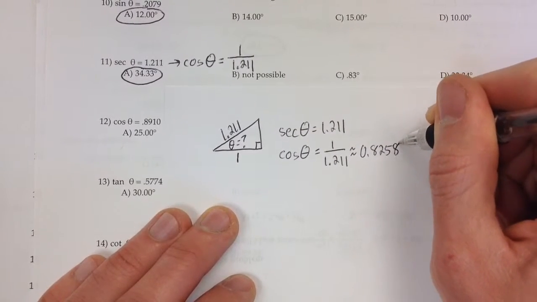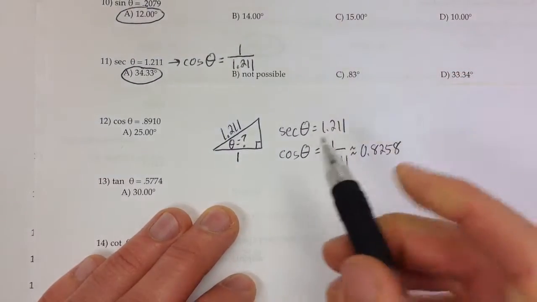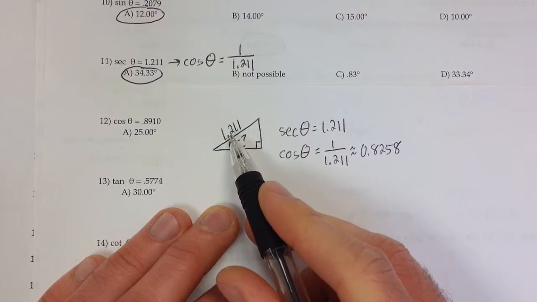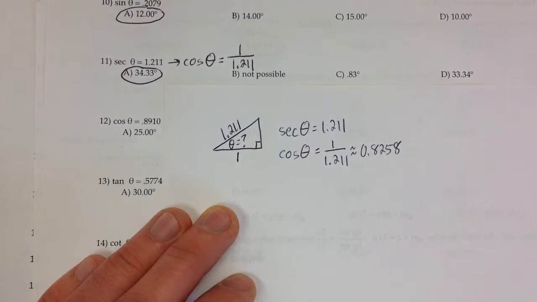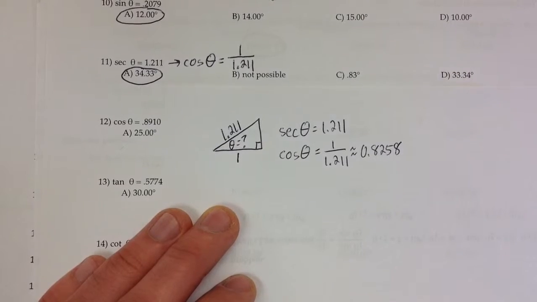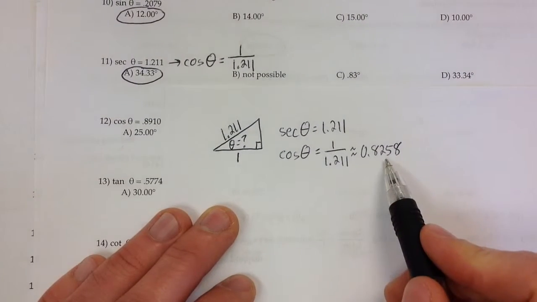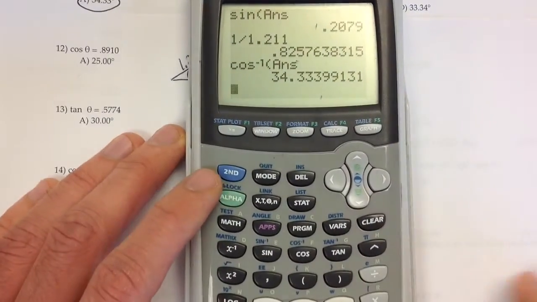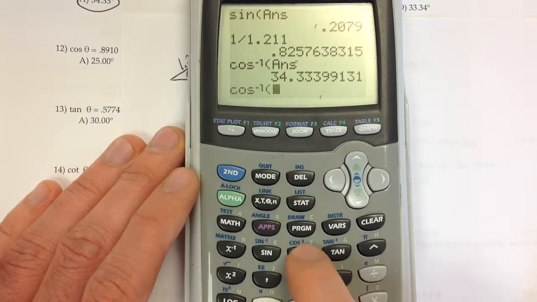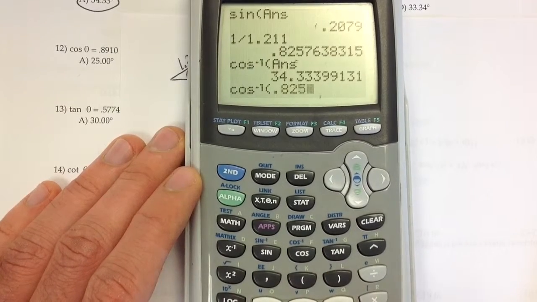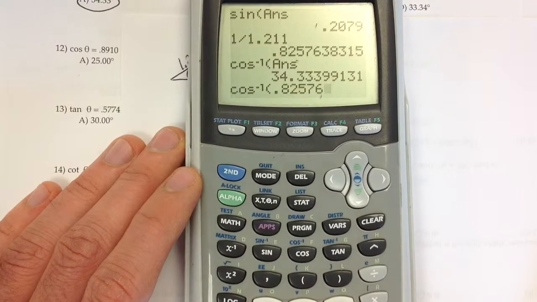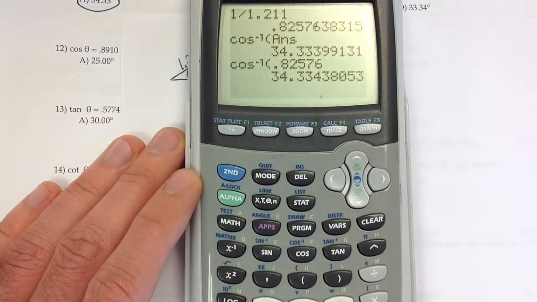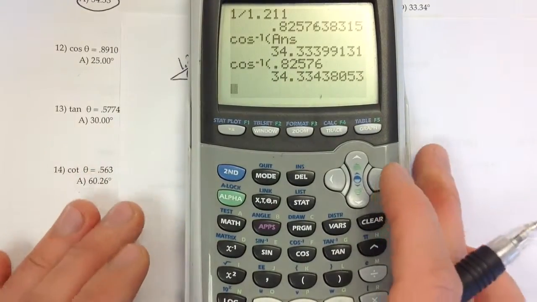That's the ratio of adjacent to hypotenuse. Then you can ask the calculator, hey calculator, for what angle is the ratio of adjacent to hypotenuse 0.8258? To do that, you press second cosine of 0.82576, and you get 34.33 degrees.